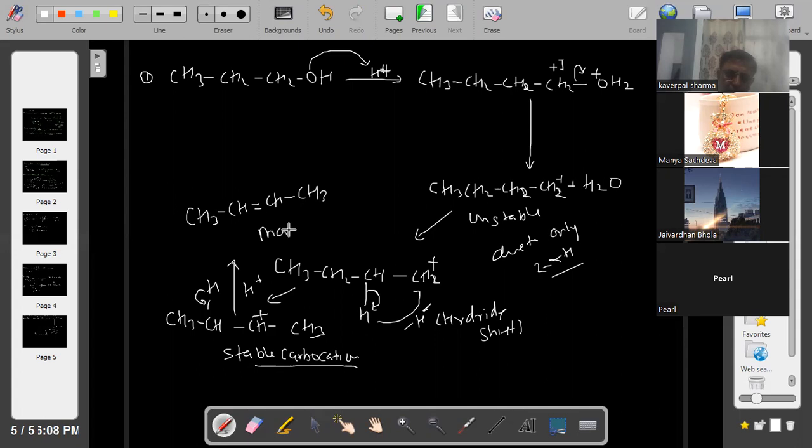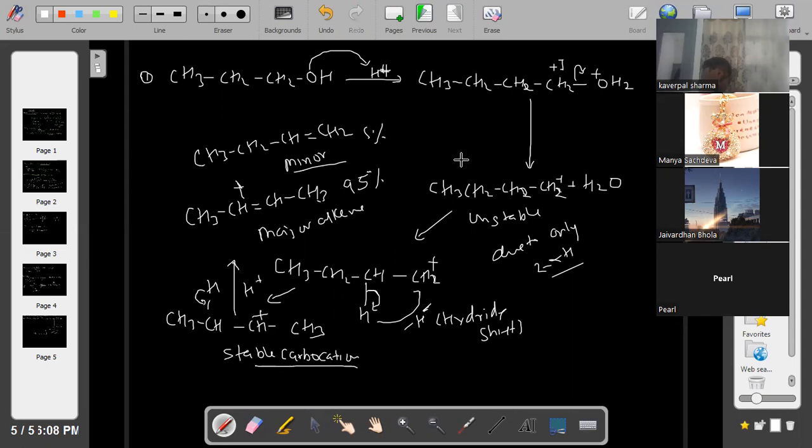That is the major alkene, whereas the minor alkene is CH3CH2CH=CH2. This is the major alkene, this is the minor alkene. So by this method you will get 95% major and 5% minor. Got it?